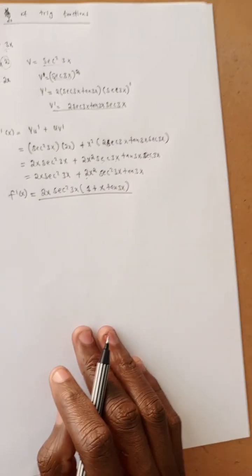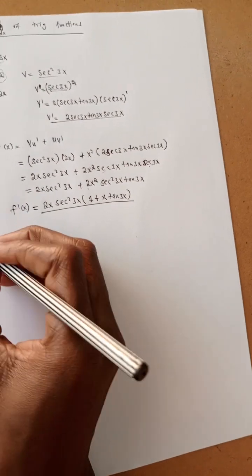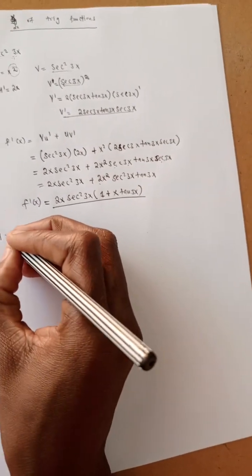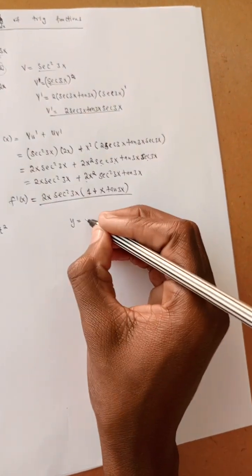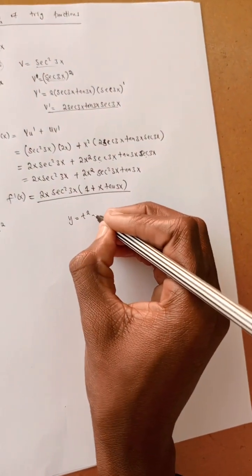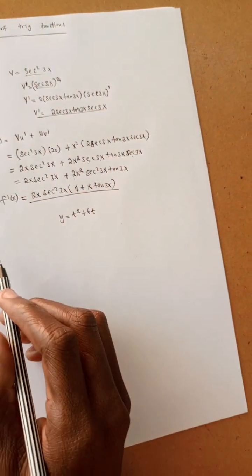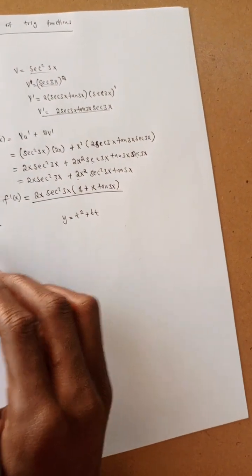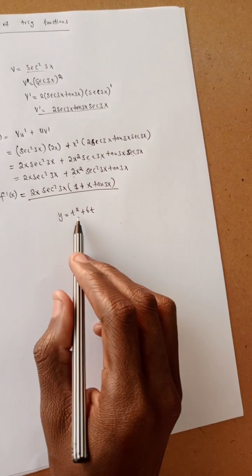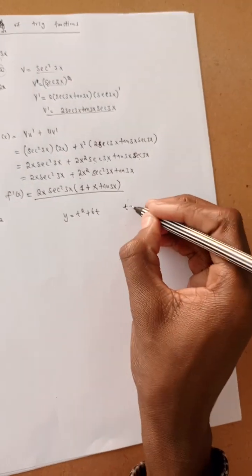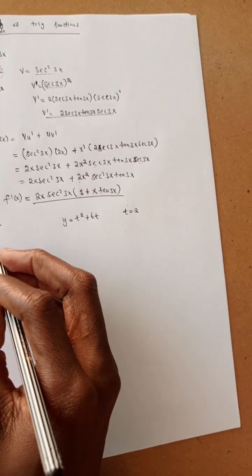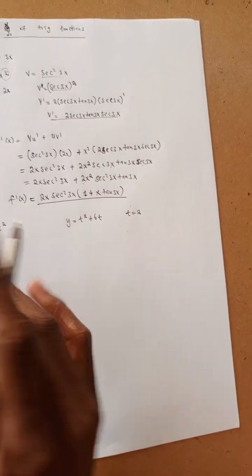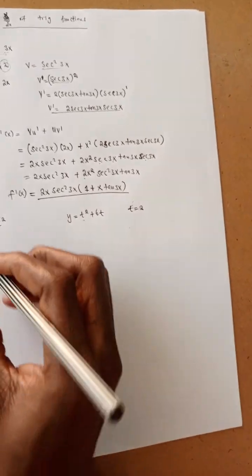So in this video, we also talk about parametric equations. For instance, you are told to find the equation of a tangent, and then you're given these two parametric equations. So first things first, you're told to find the tangent at the point where t is equals to 2. So you have to find the coordinates first of all by replacing t with 2 in this.